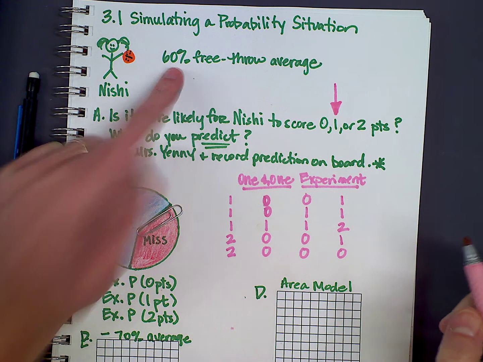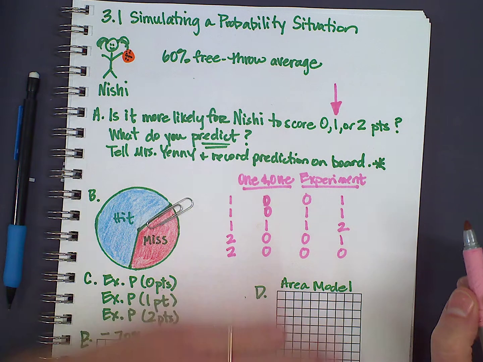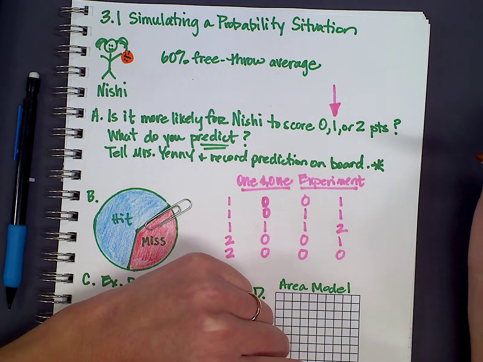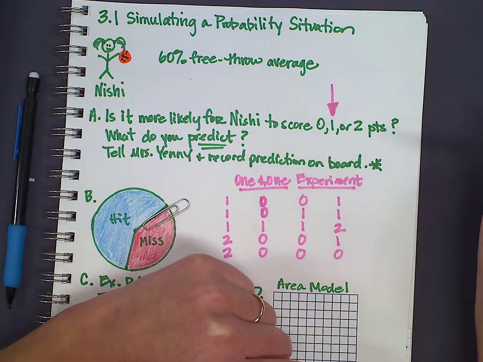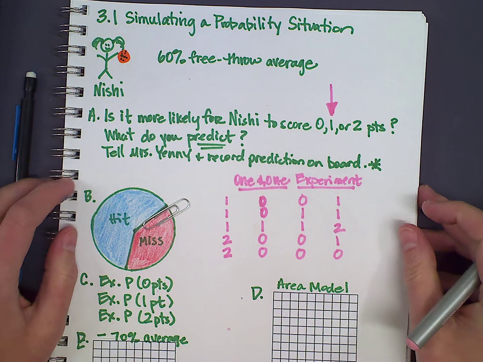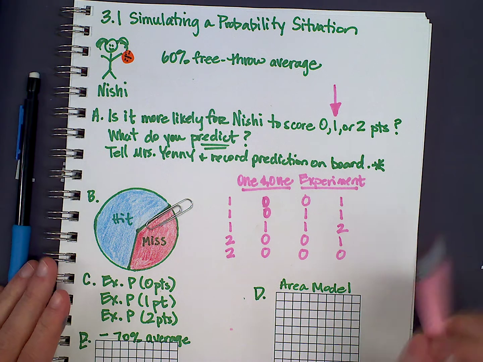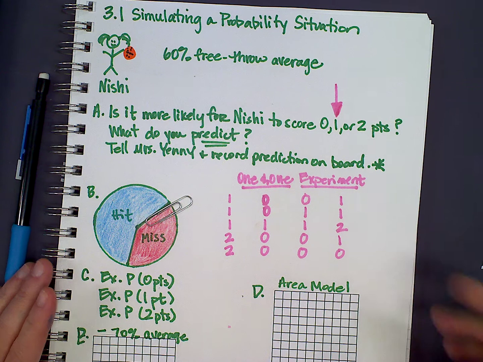Each year I have kids predict, and I'm going to ask you to predict and tell me what your prediction was before doing this problem. Most kids predict that Nishi will walk away having scored 1 point from that free throw situation, 1 being the most likely result, they believe. I'm not going to make my prediction since I've figured this probability before, but I'd like you again to make sure that you tell me what your prediction was.